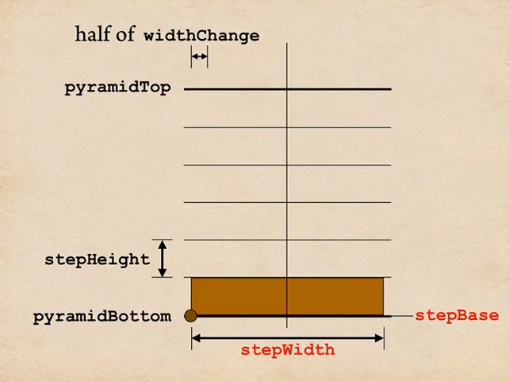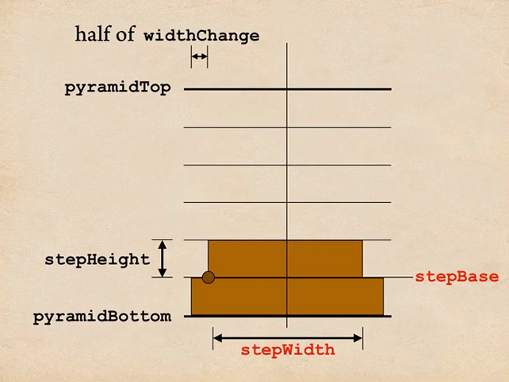So in my while loop, after drawing the rectangle, first I will subtract step height from step base. So now I've moved up, and now I need to move in by narrowing step width. So I will subtract width change from step width. And if you look at step width on the bottom, we're going to narrow that a little bit. Now we're ready to draw the next rectangle. We know its width, its height is the same as before, so we draw it.